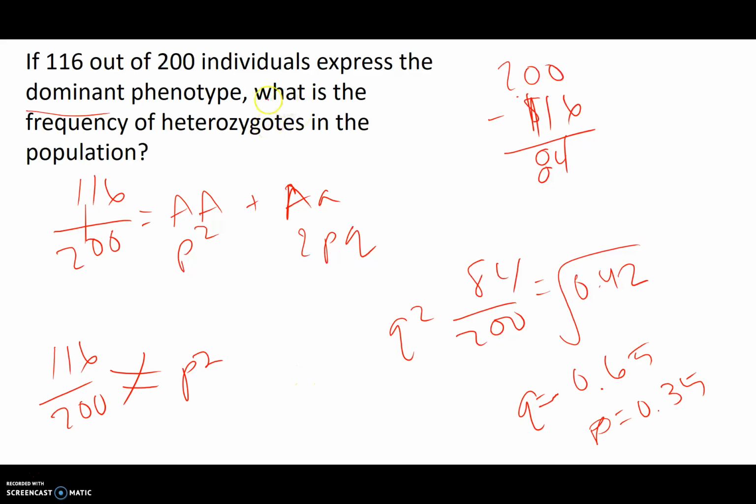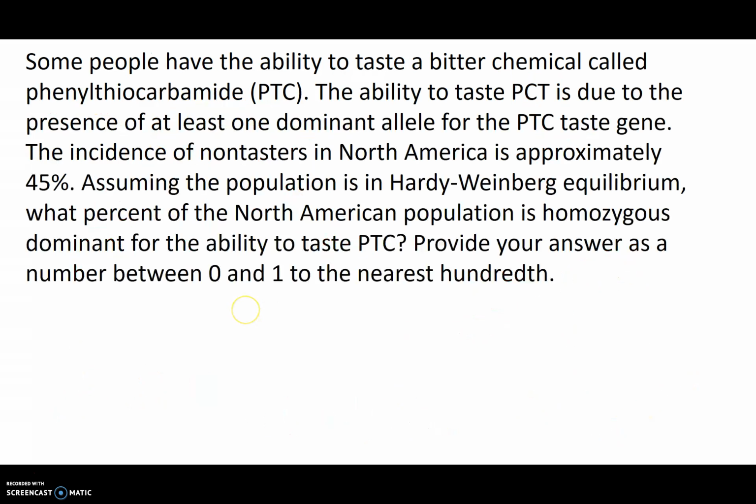So our question's asking for heterozygotes: 2 times 0.35 times 0.65. And our overall is equal to 0.46. About 46% of the population is heterozygous.